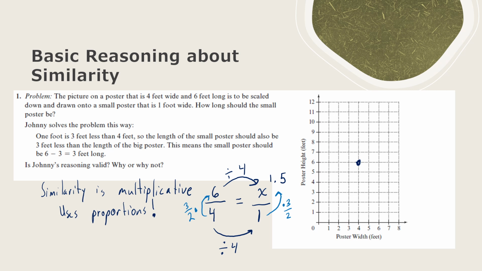We could divide it in half, so we could have one that's 2 feet wide and 3 feet long. For some reason this dot disappeared on me. I could do the one that's 8 feet wide and 12 feet long. Heck, I could do stuff like, hey, if it's 6 feet wide, it should be 9 feet long.